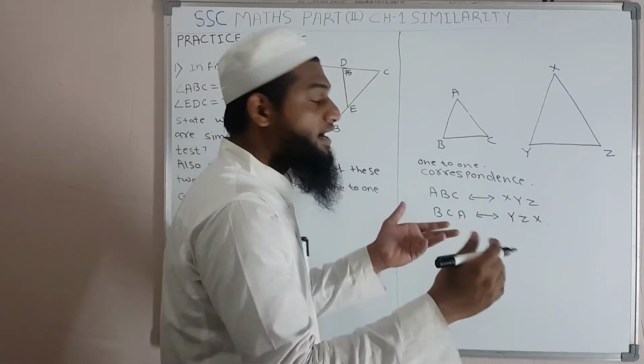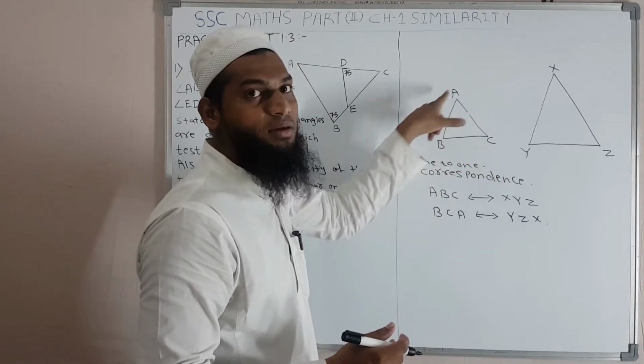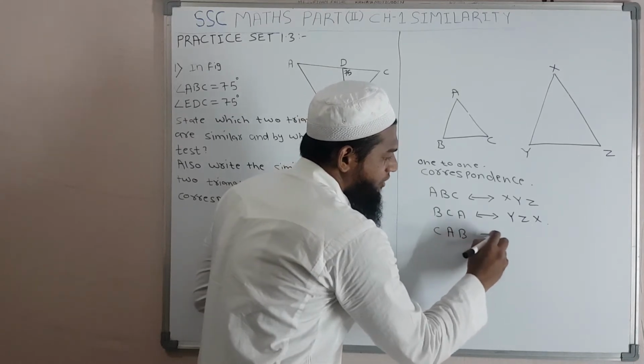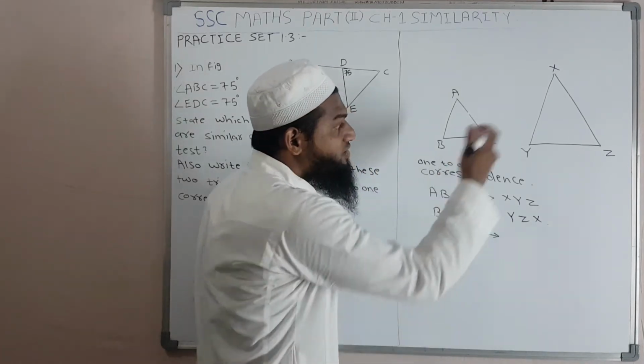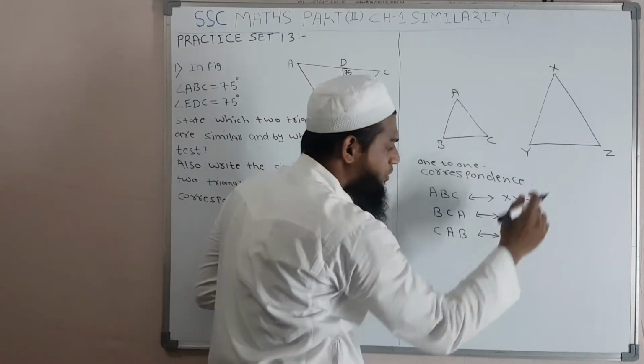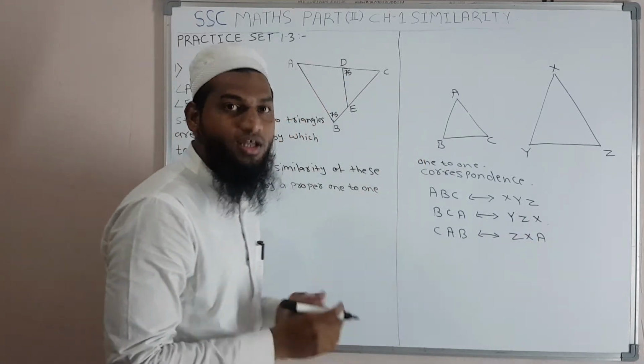And if we start the name of the first triangle from CAB, the corresponding second triangle is ZXY. So this is all about the correspondence.